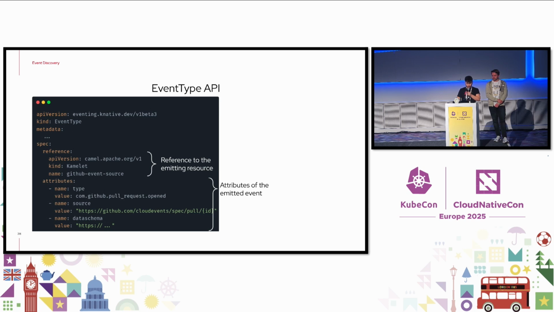As you can see in the source value, there is a variable ID in there, so that you can describe something more complex. In these attribute lists you can put whatever, but we recommend at least type, source, and data schema, because data schema is also a link to your schema registry that you may have. People use, I don't know, Confluent, or there are some other open source options. It could also be a GitHub repo somewhere in your private space.